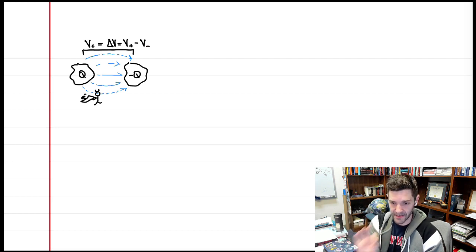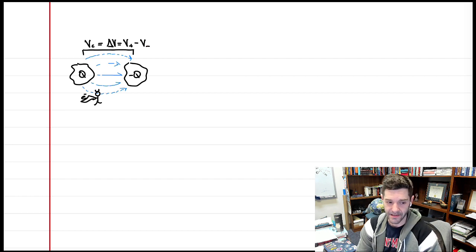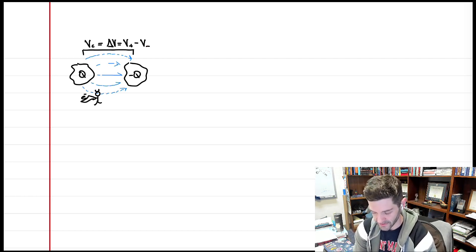And it's also, in a sense, doing some work to build up this electric field that's being created. And then every time it tries to move more charge over, it has to work against that electric field in order to build up Q and minus Q more and more and more.